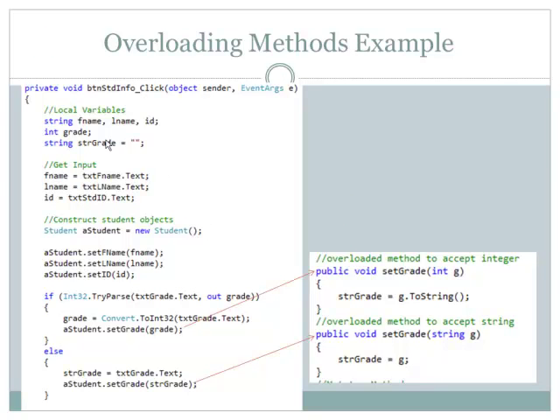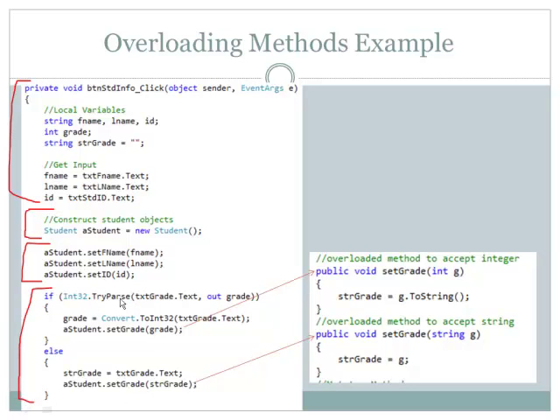So here's another example. This is my button click above, and then this is where I'm creating my student. I'm setting information, so I have my mutator methods, and then I'm going to try to parse it.